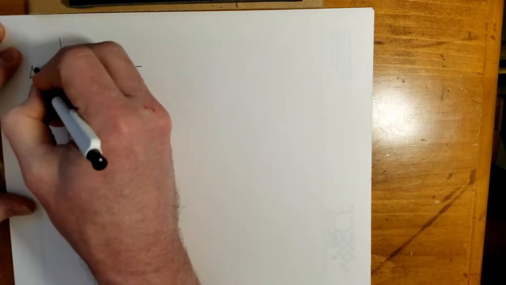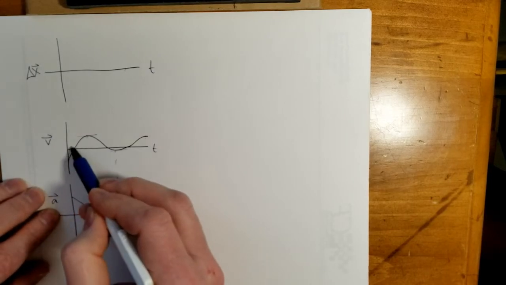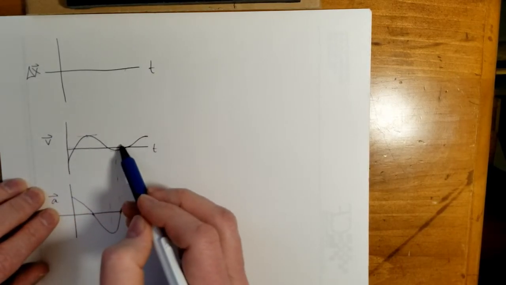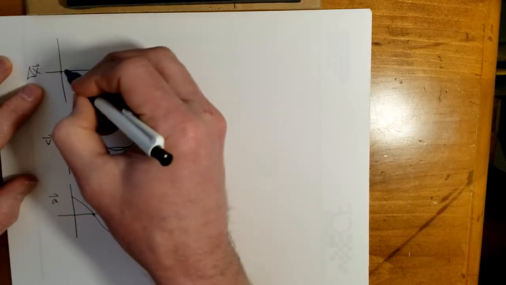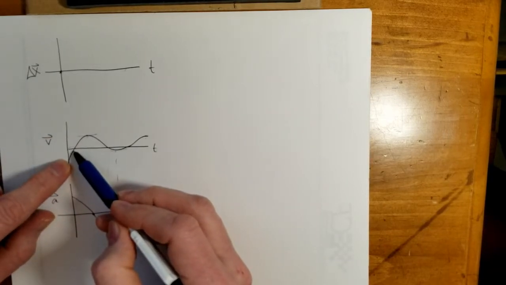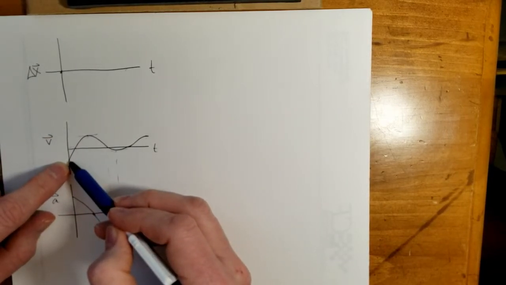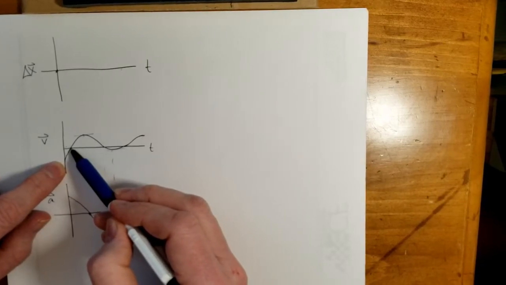If I look at displacement versus time, it's the area underneath. Now I start off in the negative direction, I then go in the positive direction, then I'm in the negative direction again. So I start out in the negative direction. I'm starting at 0 here, and I start out with a bigger negative number, and then it becomes 0 here.